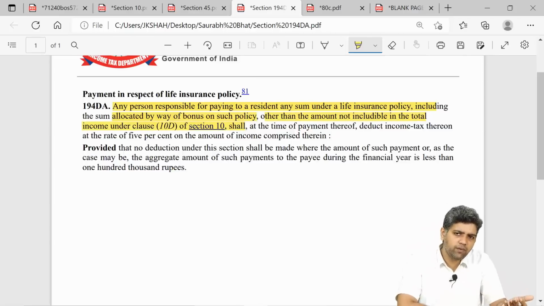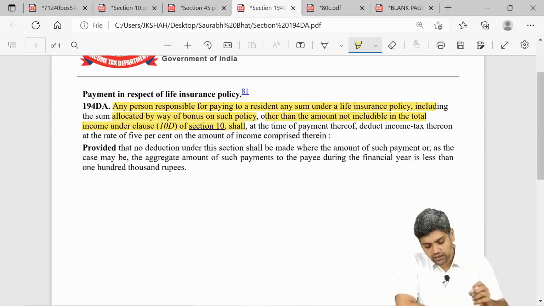So if it's exempt under 10 clause 10D, so no problem, there is no question of taxing it. Other than that, in case it's taxable, then at the time of payment, you have to deduct TDS at the rate of 5% on the income comprised therein. Then they say in case the maturity proceed does not exceed 1 lakh rupees, then there is no question of taxing it, or no question of deducting TDS rather.